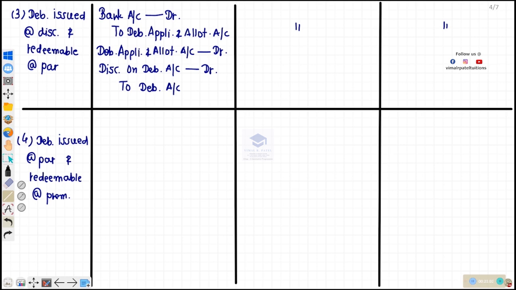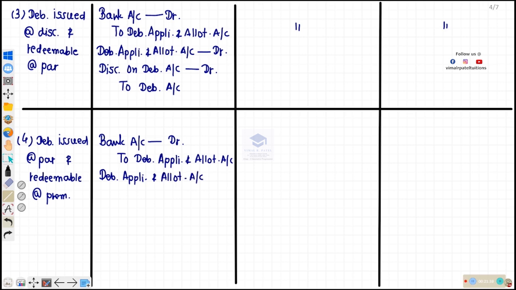Now, bank account debited to debenture application and allotment, 100. Debenture application and allotment, 100.